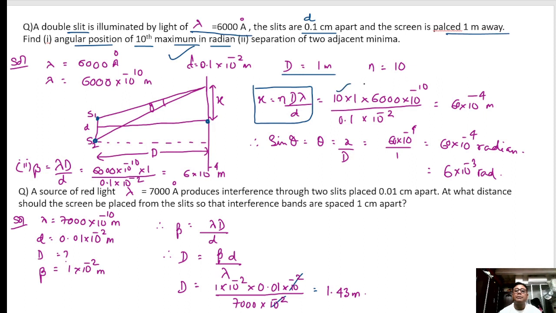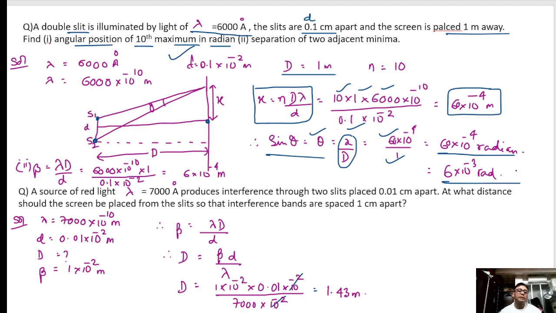So for the 10th maxima, d I know, wavelength I know, D I know, so we can find out this distance. And since we have to find the angle, we know sine theta is equal to x by D. Sine theta is very small, so sine theta can be taken as theta, x by D. So we are getting this in radians. Okay, this is the angular position of the 10th maxima.